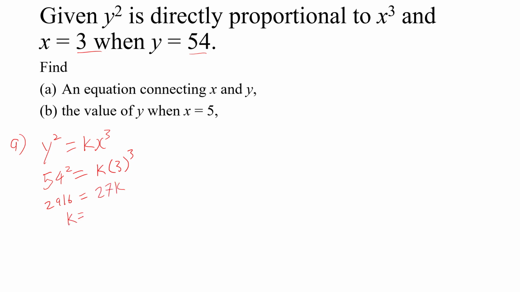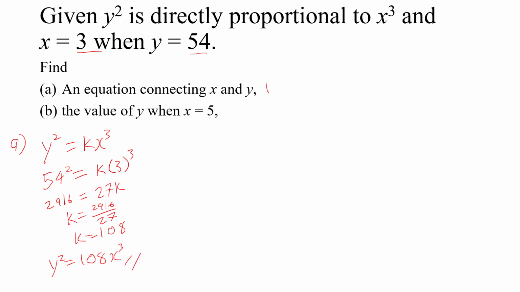So k will be equal to 2916 over 27, which will give me 108. And again, k equals 108 is not the answer. The answer is y squared is equal to 108 times x cubed.